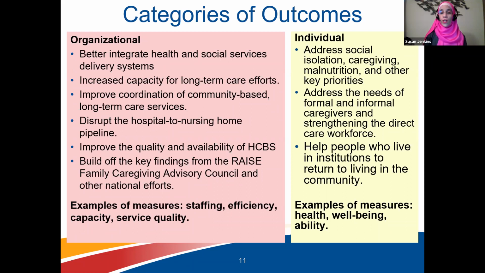Ultimately, we want that to affect individuals. Better service integration should help to provide better services, quicker services, more efficient services, for example, to individuals. But it's also important to measure that progress toward that organizational outcome of better integrating health and social services.